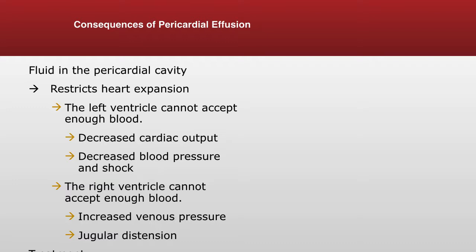I have seen a couple cases where they actually ended up with the equivalent of a chest tube in the pericardial area because they kept building up the pericardial effusion fluid. But that's very, very unusual to have that done.